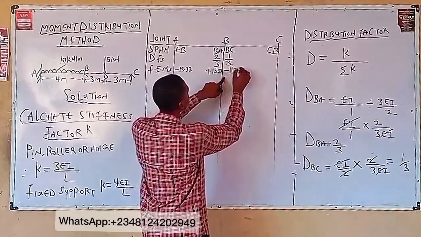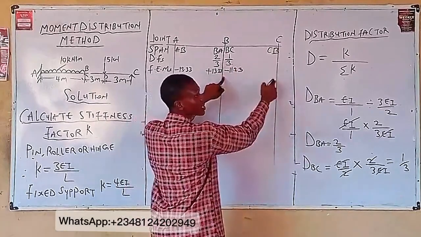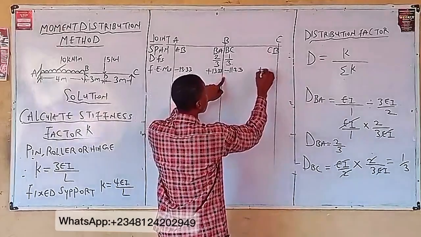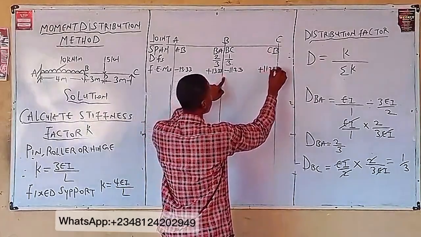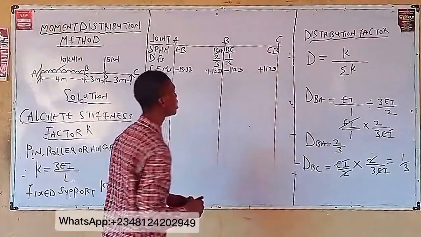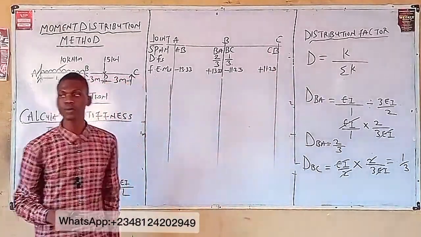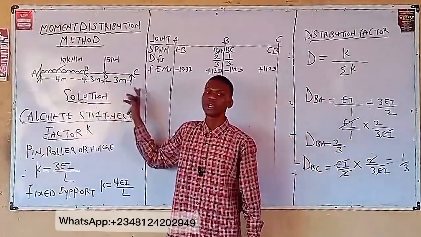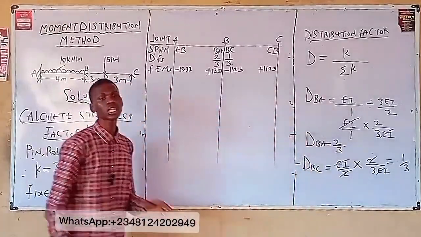Minus 11.25. For span BC of joint C, what's your fixed end moment? Plus 11.25.